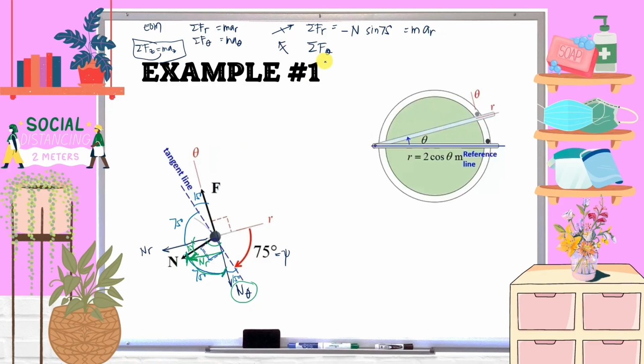For the summation of force along the transverse axis, we will use inclined to the left upward. So we will use force F, which is the force exerted by the rod. So we will have minus n cosine 75 degrees, which equals mass times acceleration along the transverse coordinate.